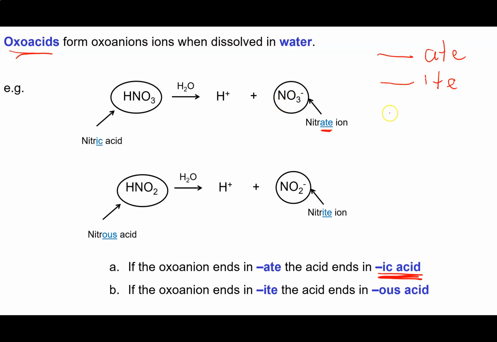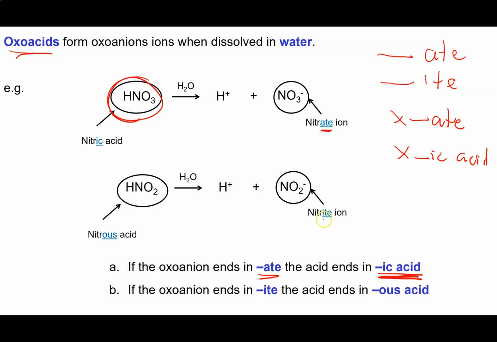So this is the nitrate anion. The acid which forms that is referred to as nitric acid. So your ates become ics.